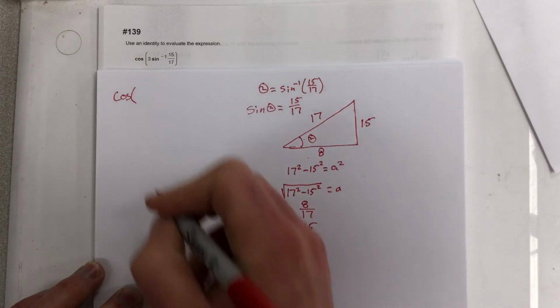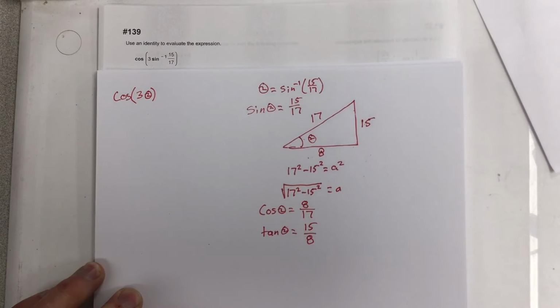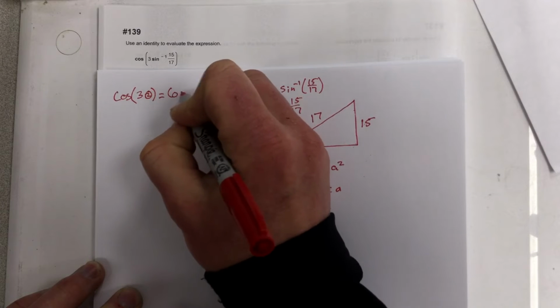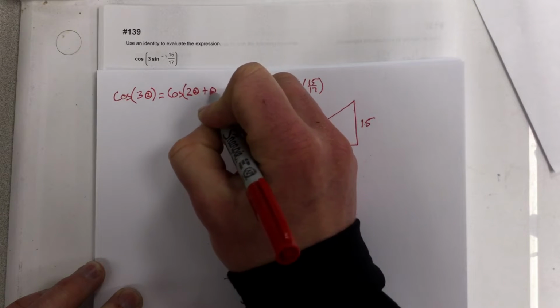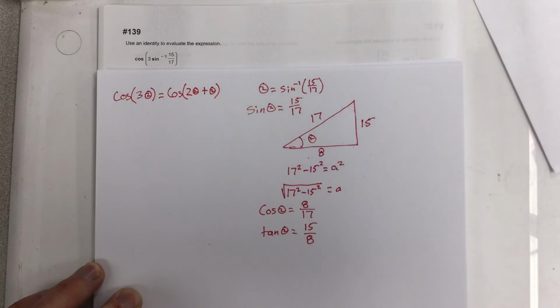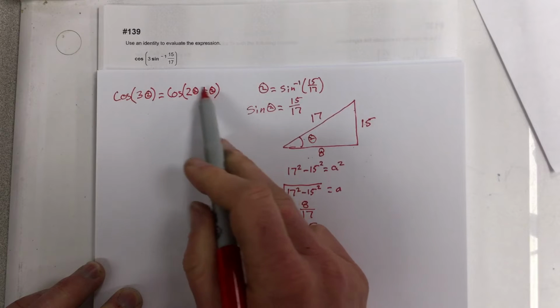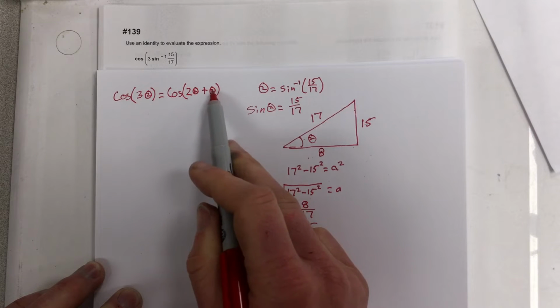of 3 sine inverse is really just cosine 3 theta because of the substitution that I used. Which means that that's really just cosine of 2 theta plus theta. Well, this is a sum formula for cosine, 2 theta plus theta, so I've got double the angle plus theta.